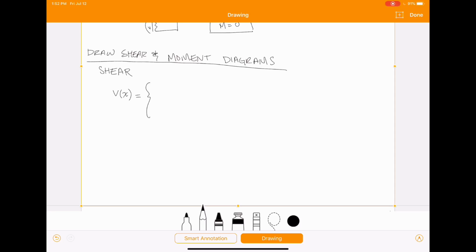So V of x is going to equal negative 2x plus 20 for x between 0 and 5 feet. It's going to equal 10 for x being between 5 and 7 feet. And then it's going to be 0 between 7 and 9 feet.